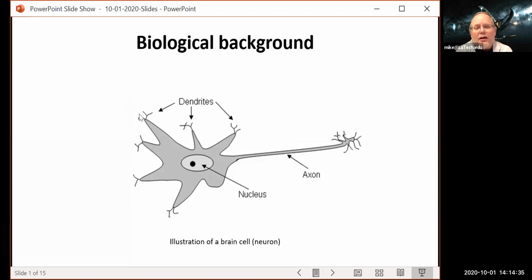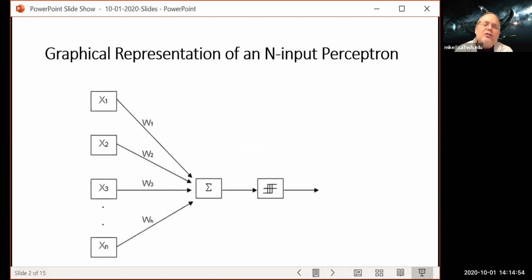It's excitatory. But there could be some other neuron over here, and maybe the synaptic gap for it is not excitatory. It's inhibitory. So if the neuron over here fires, that might make this neuron less likely to fire. Okay? And that's why our weights can be either positive or negative.